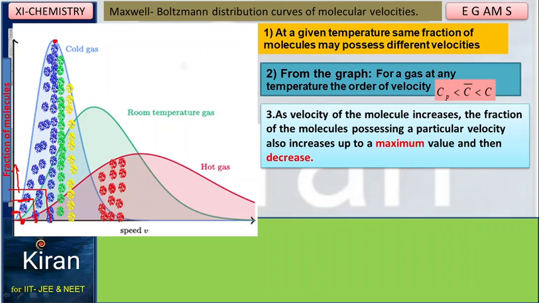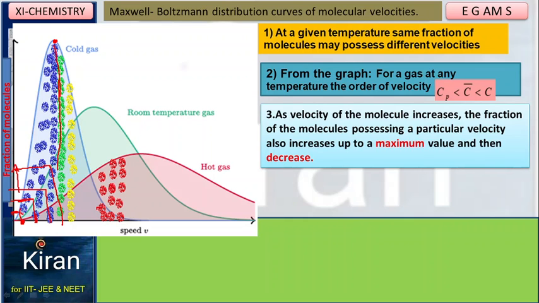Fraction means number of molecules. So here only one molecule is there. Here the number of molecules, 1, 2, 3, 4, 5, are there. The number of molecules increases, the fraction increases, the velocity increases, up to this maximum value only. Afterwards, it is coming down. The fraction is decreasing.